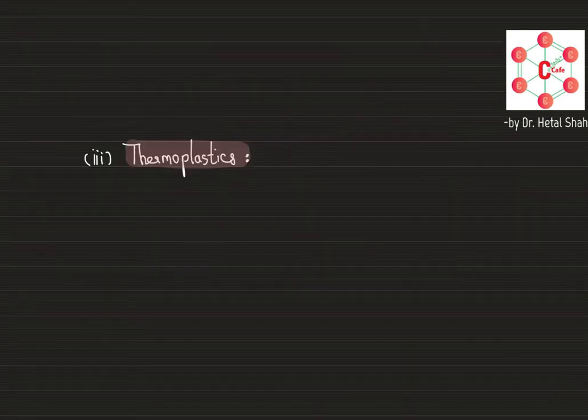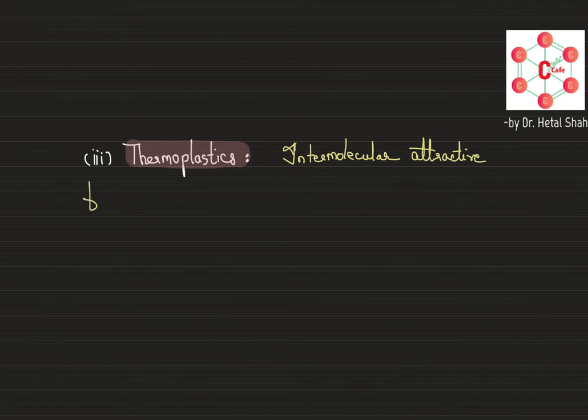The third type of polymer that we put in this category is thermoplastics, and here we say the intermolecular attractive forces are between elastomers and fibers.